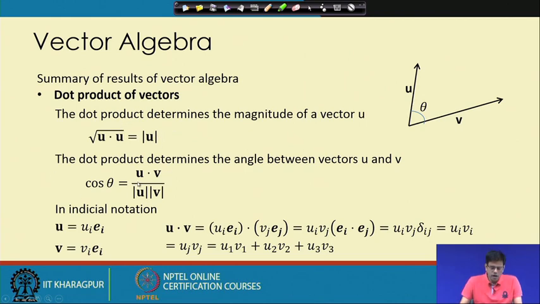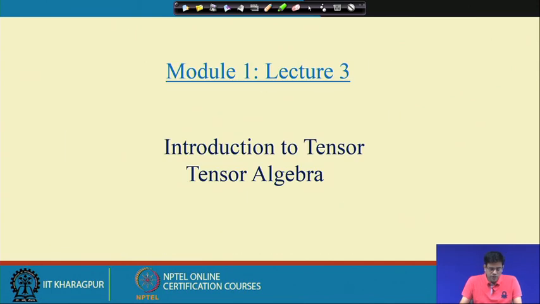The angle between the vectors can also be determined from the dot product, because we know the expression for it. The dot product in indicial notation, which we have also seen in the last class, is ui uj vj.